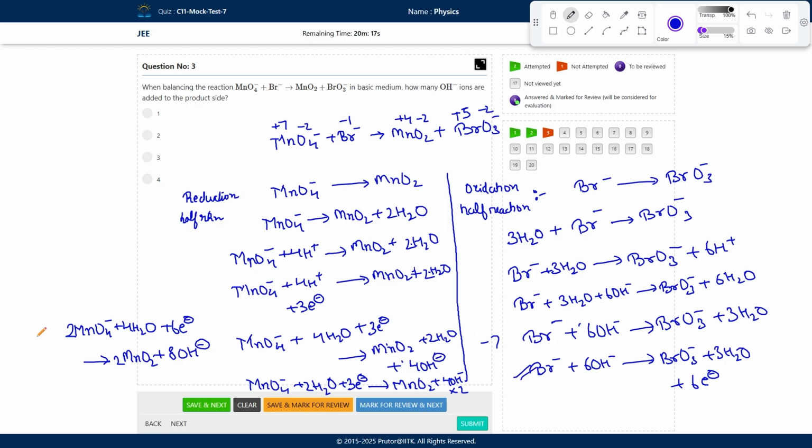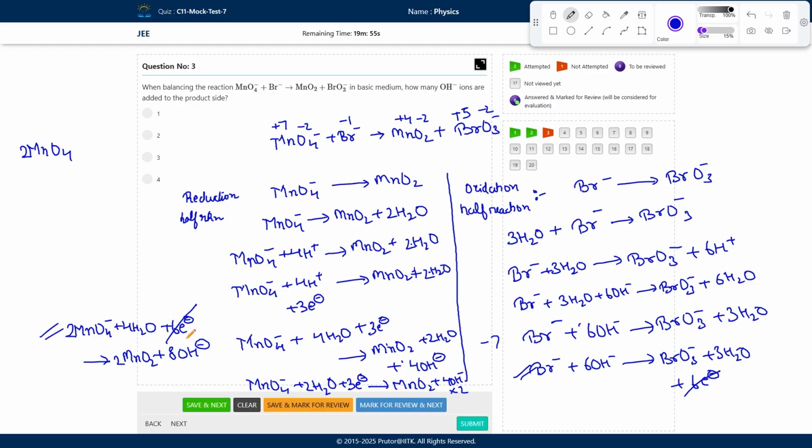So adding both these equations, what will it give? I am writing all of the things apart from your H2O molecules and electrons. So electrons will get cancelled out. What about OH minus?